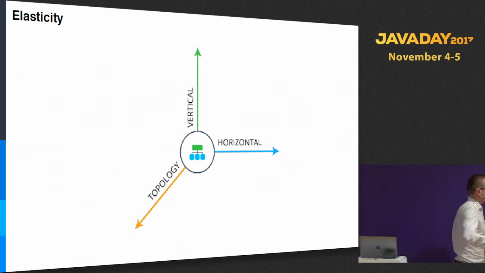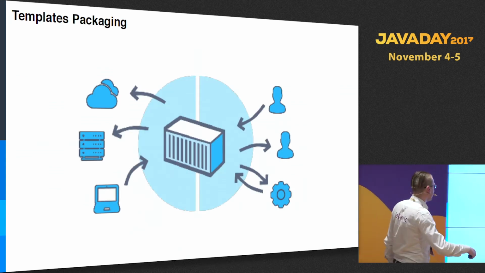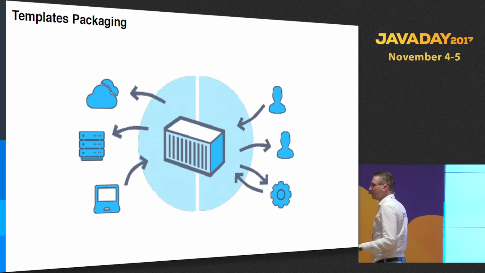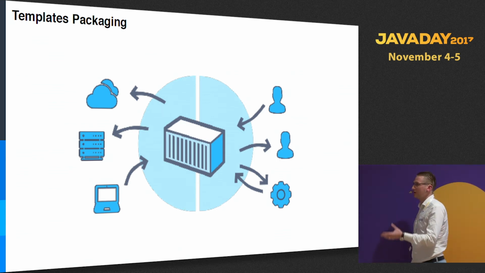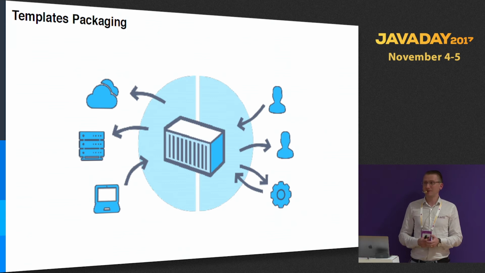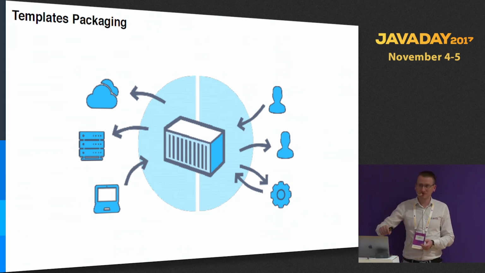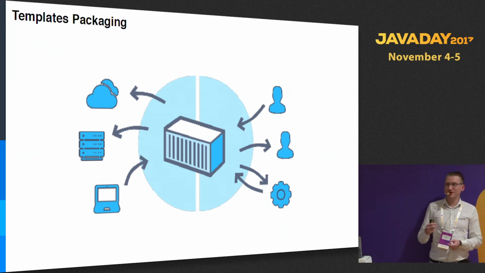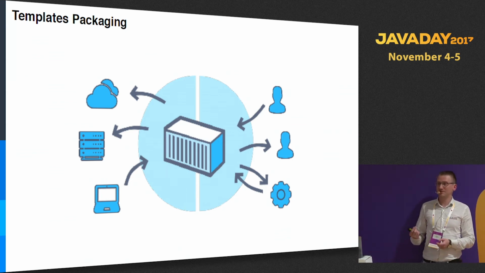And let's go further. Templates. So we were talking about Puppet, Chef, Ansible. When you provision a virtual machine, it takes time, and then you need to put your configuration there. With containers, you can use predefined templates that make provisioning much faster.